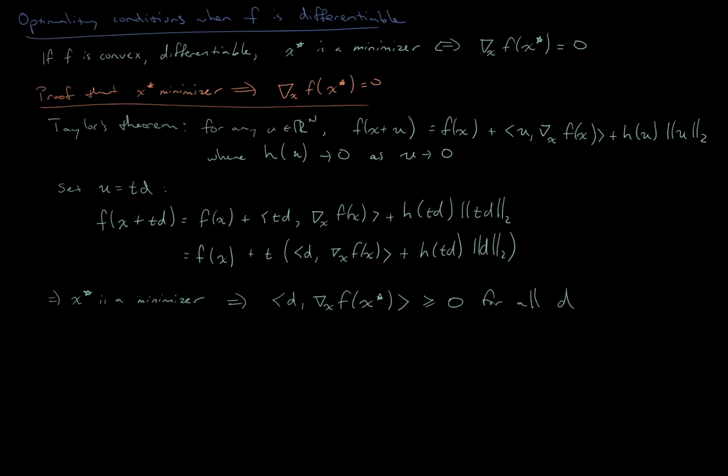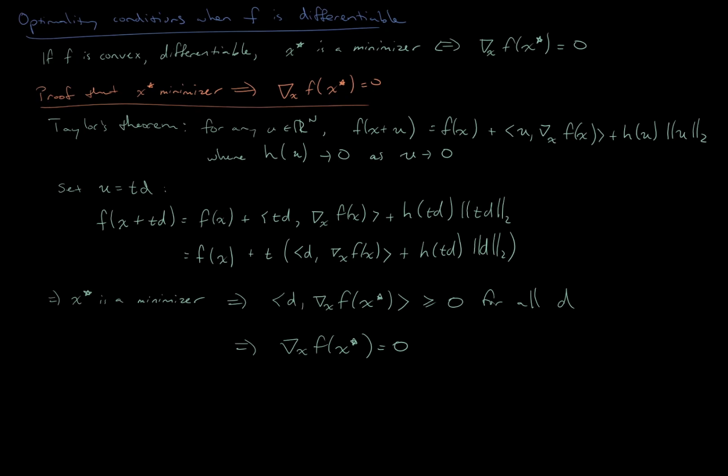Well, it's easy to imagine if we pick some d, we'll have a positive inner product, but then it would also have to be greater than or equal to 0 when we plug in negative d. And so the only way that this inequality can hold is, in fact, if the gradient of f evaluated at x star is equal to 0, and then we trivially have that the inner product is non-negative for all d. So this actually shows that if x star is a minimizer, then the gradient has to be equal to 0.